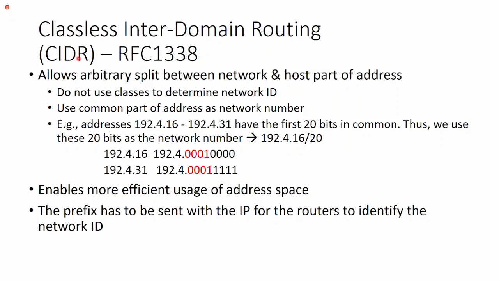We now don't stick to an 8-digit network or a 16-digit network. Whenever you want, you can decide, okay, I'm going to use 20 digits for the network or 15 digits for the network, as I showed you in this subnetting example. You can make the decision.